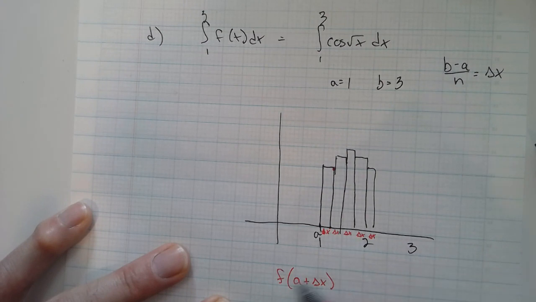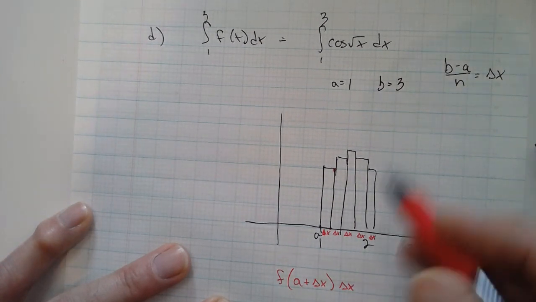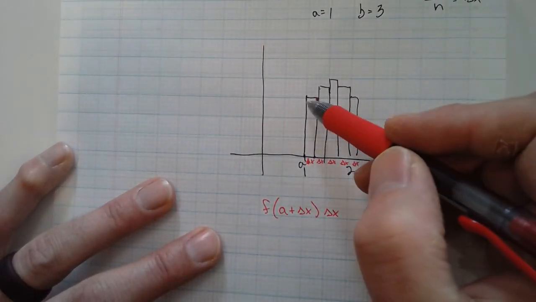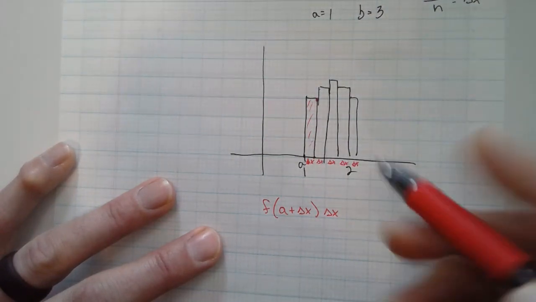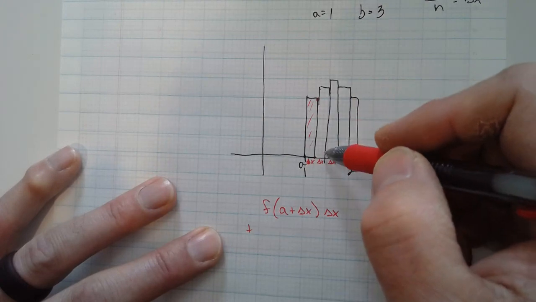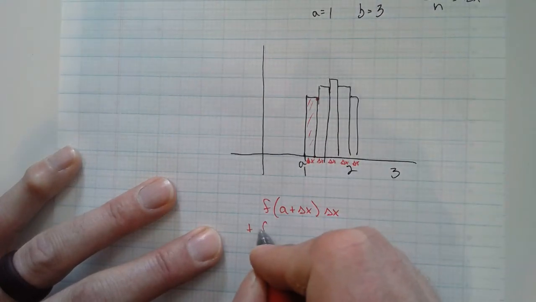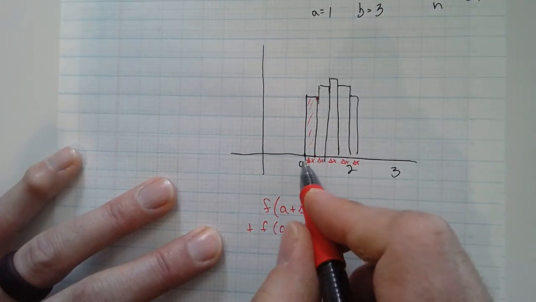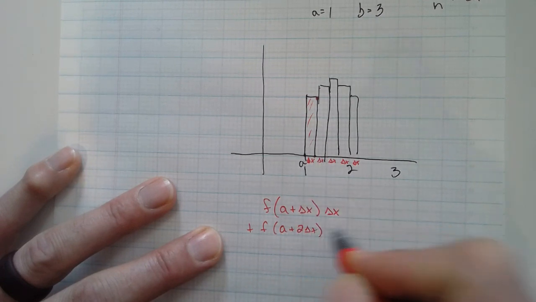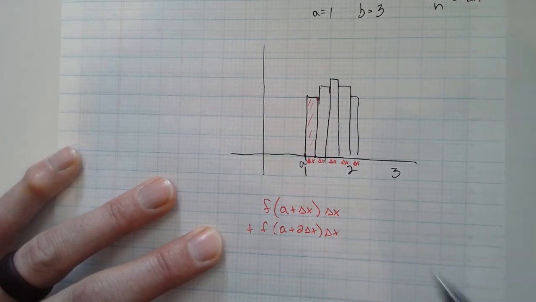times our base. I'm doing it backwards just because normally I do base times height, but we're going to do height times base here because we'll put the delta x at the end like it normally is in an integral. Okay, so there's my first rectangle. Plus my second rectangle. Well, the height is now f of a plus 2 delta x's times our delta x.